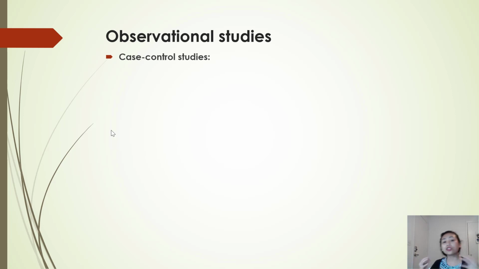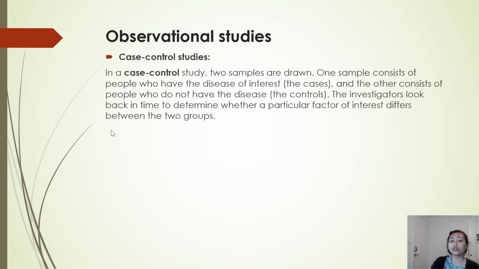Okay, so observational studies. We have finished cohort studies, and now we go to the last one in the observational studies, that is case control studies. A case control study is actually very simple. In a case control study, two samples are drawn. One sample consists of people who have a certain disease of interest, and that group is called the cases.